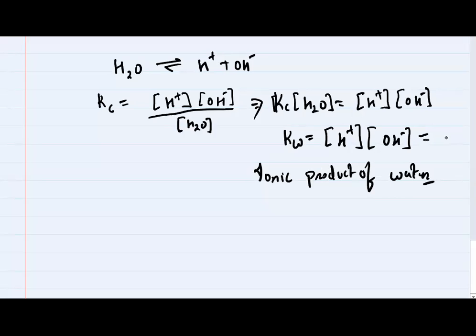The value of this is fixed, which is 10 to the power minus 14. So the value of Kw at room temperature is 10 to the power minus 14. Okay, everyone? So let's give the heading ionic product of water.